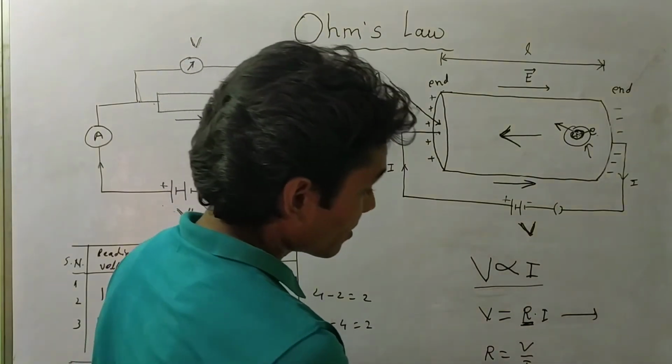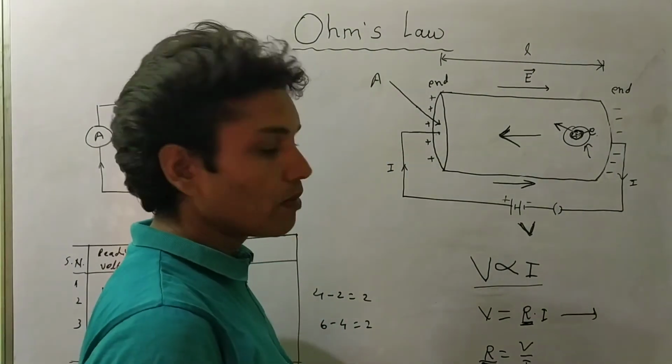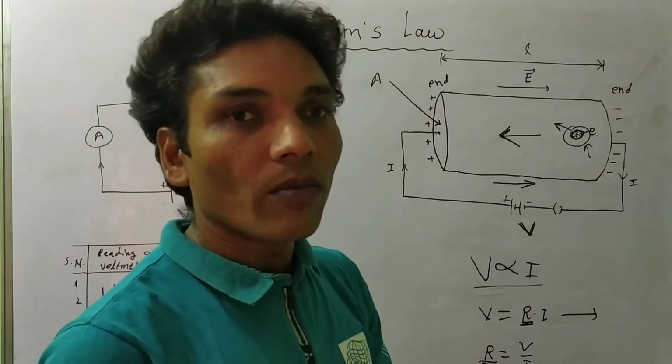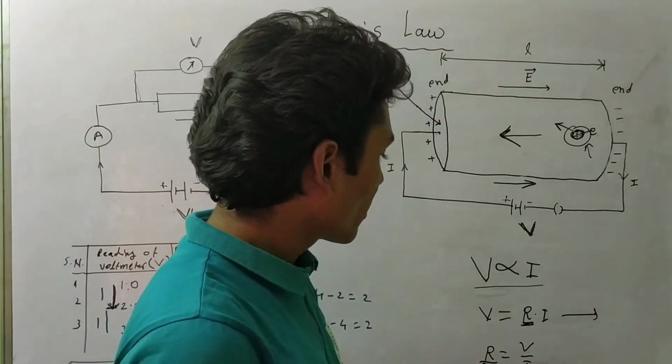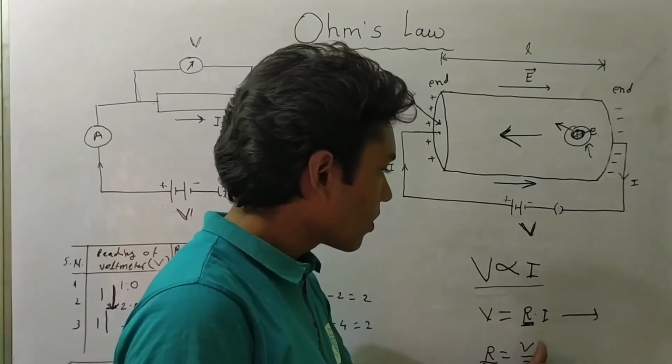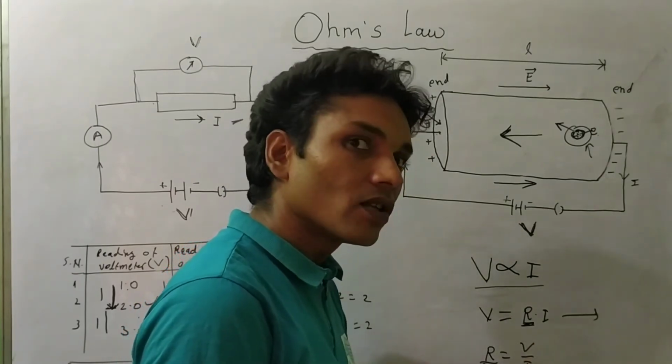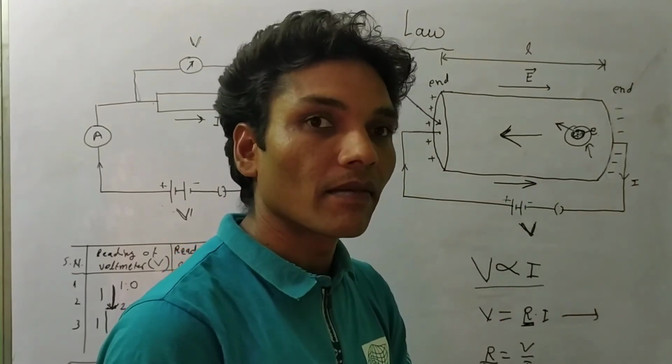This is the constant, meaning for each observation the ratio of V and I should be the same.